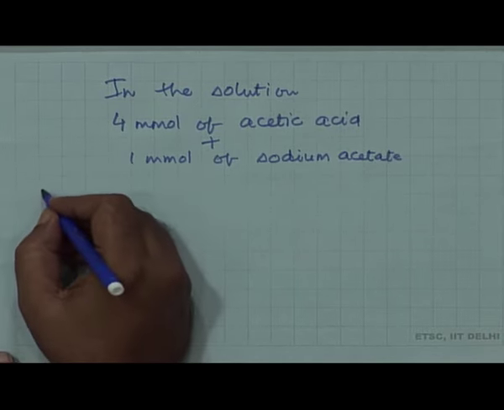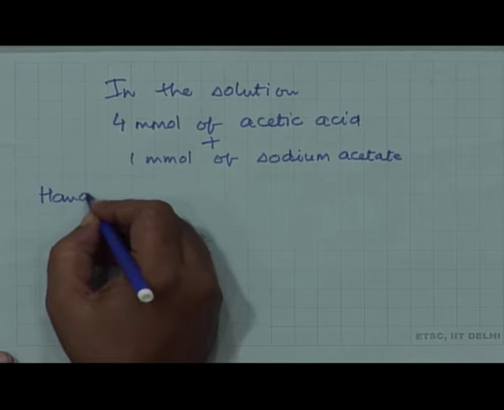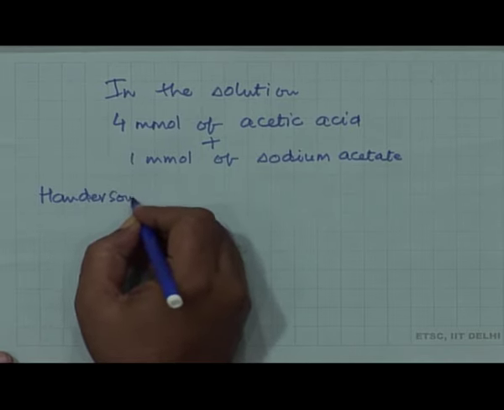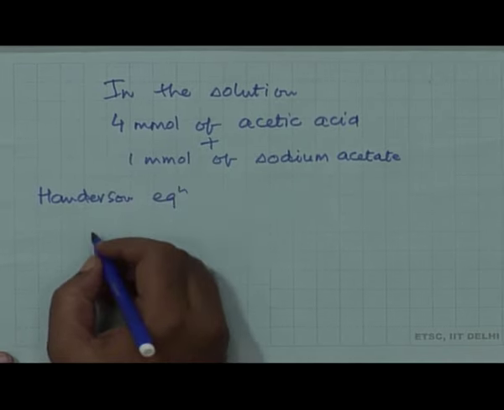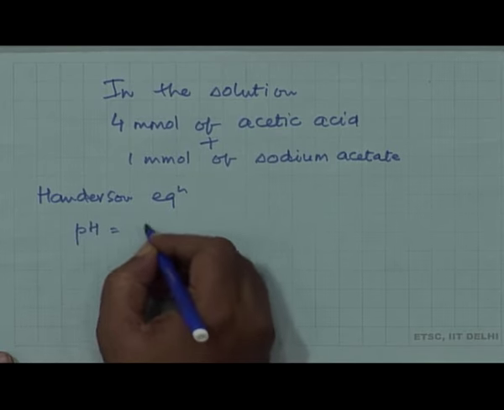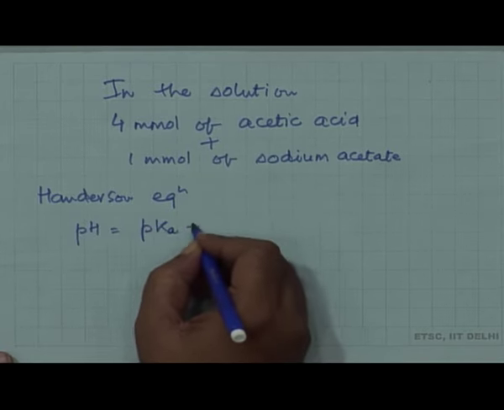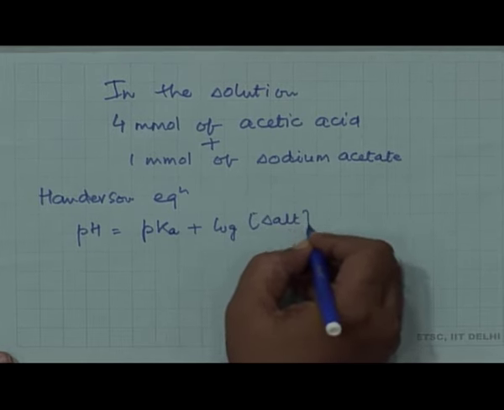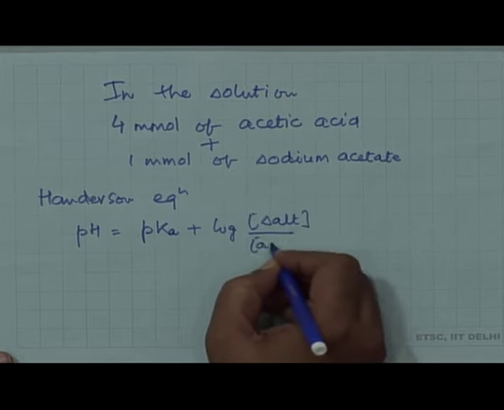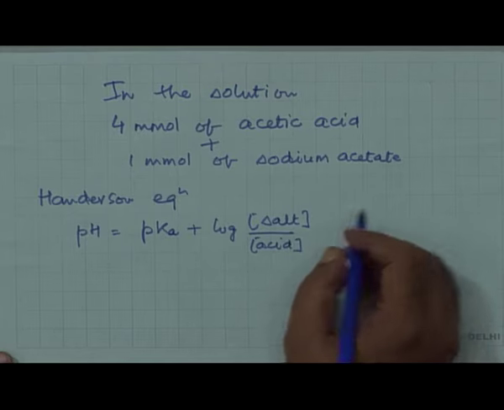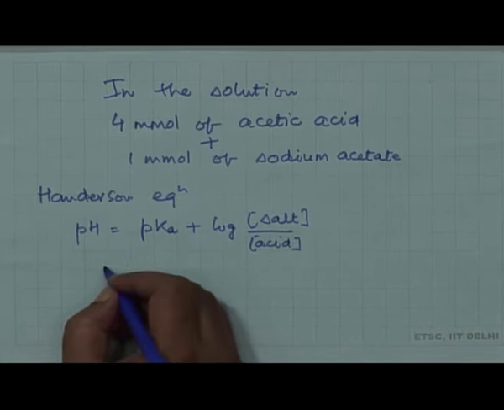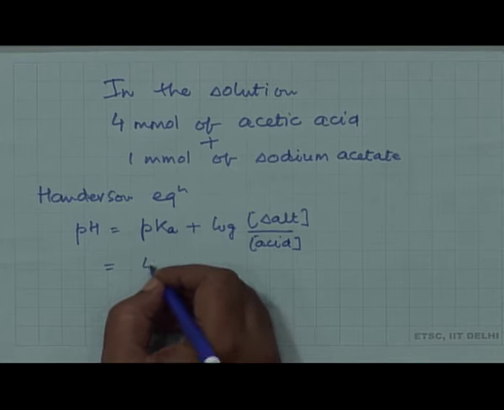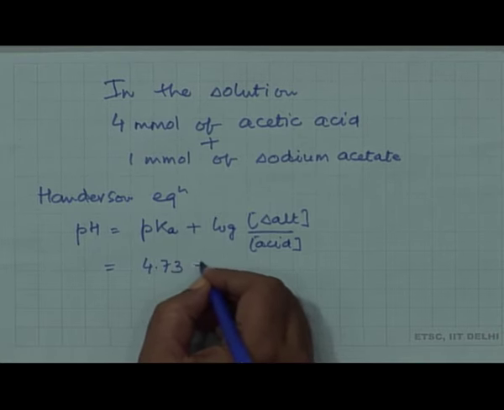So, we can apply the Henderson-Hasselbalch equation, which tells that pH is equal to pKa plus log salt by acid. So, pH is equal to pKa, which is 4.73, plus log.